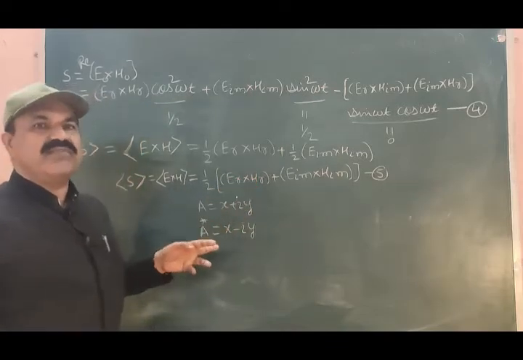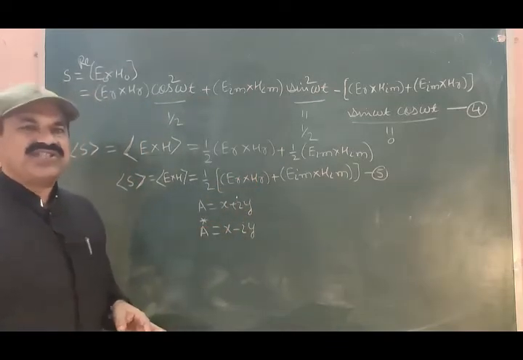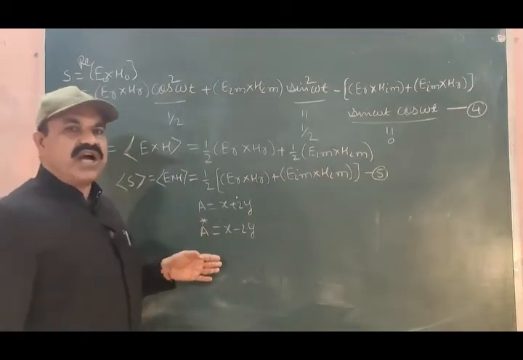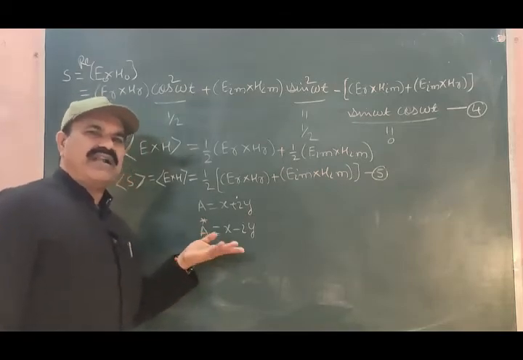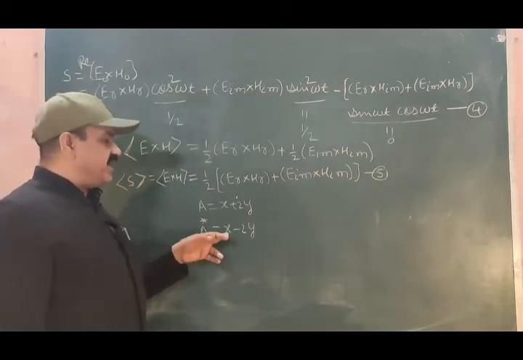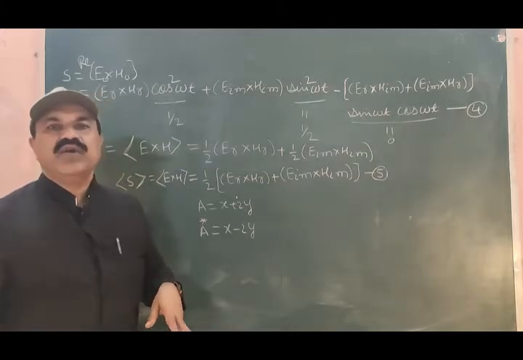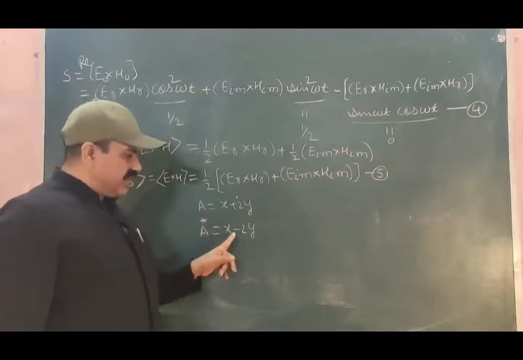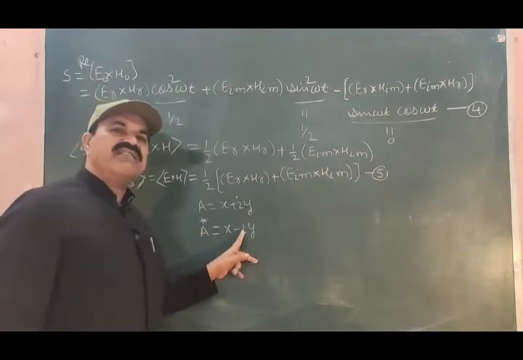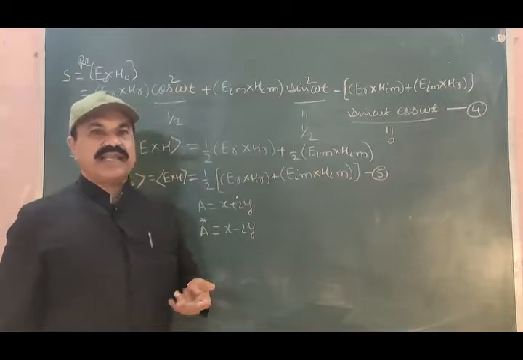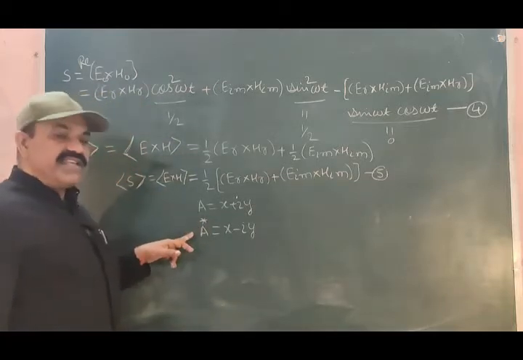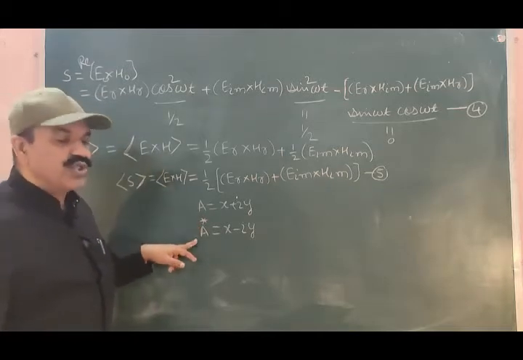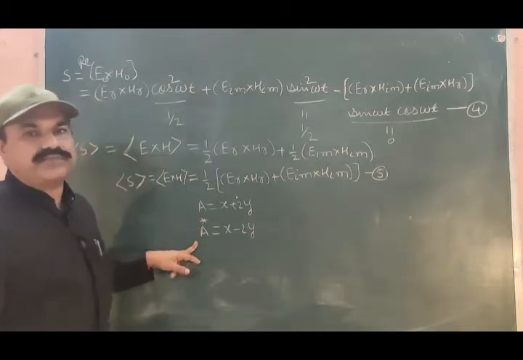A is a complex number given by x plus iy. Its complex conjugate is given by A star. You can also put this as A bar, doesn't matter. A star is equal to x minus iy. What change is made in the complex number to get its conjugate? The sign of the imaginary part i is changed, and therefore, as A star is the complex conjugate of A, A is also the complex conjugate of A star.